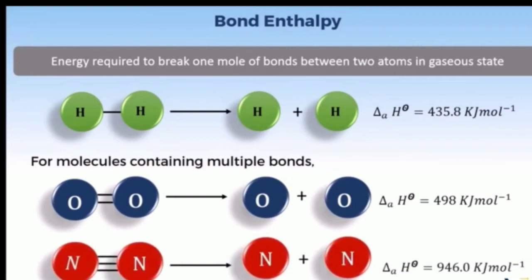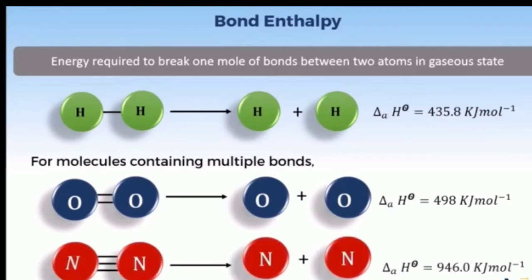But nitrogen molecule contains a nitrogen triple bond, so the bond enthalpy is higher than that of oxygen and hydrogen molecule. From this, we can identify that triple bond has more bond strength than double and single bonds. So the amount of energy required to break 1 mole of triple bond is higher than that of double and single bonds.